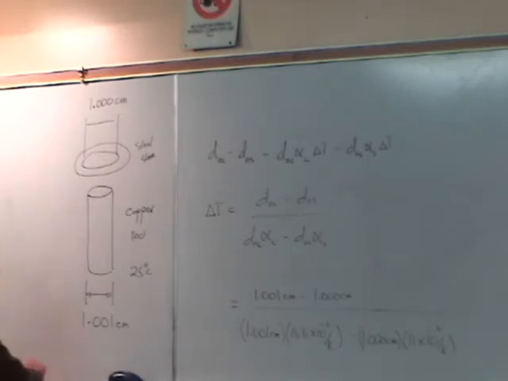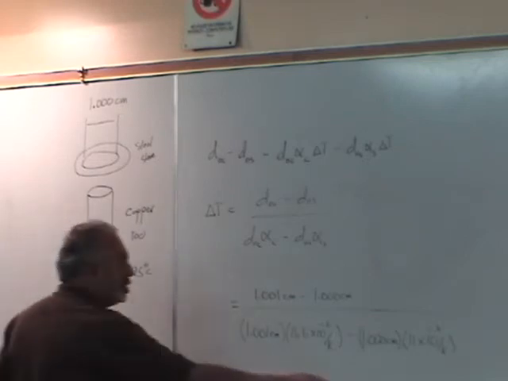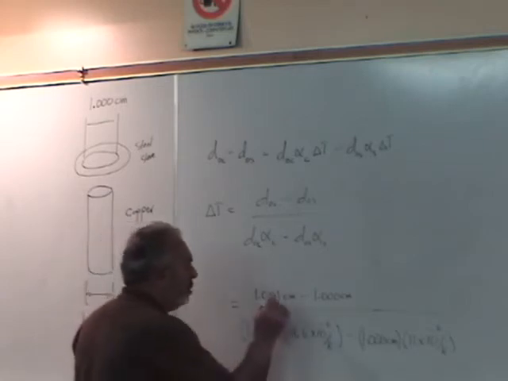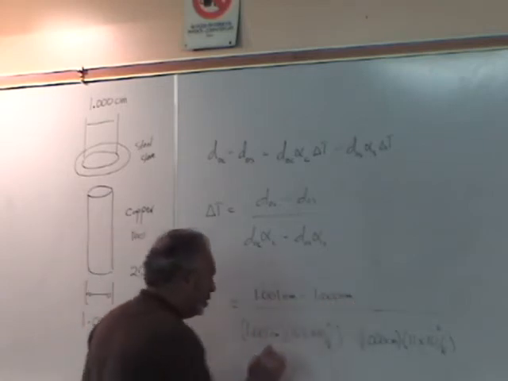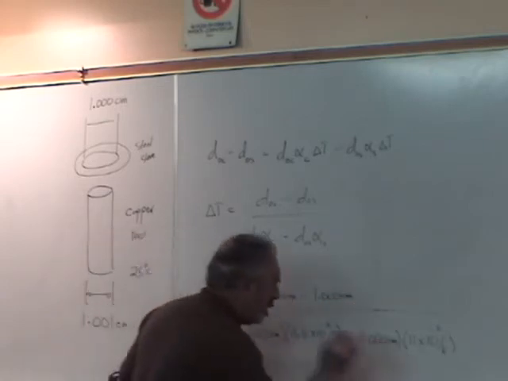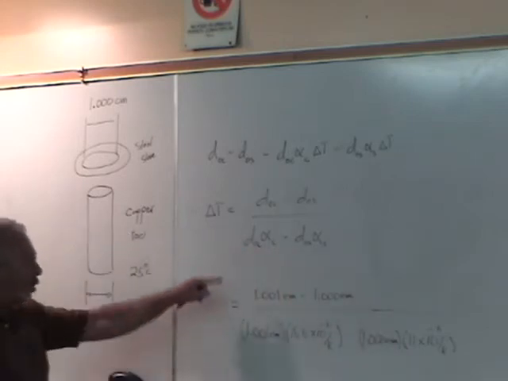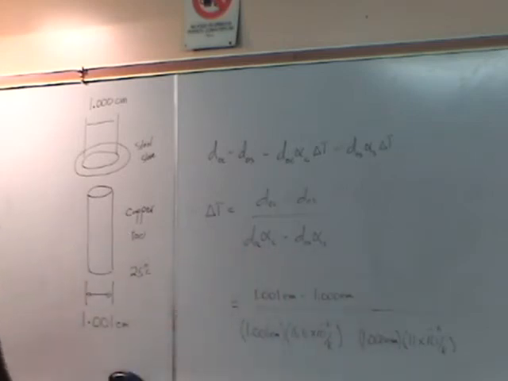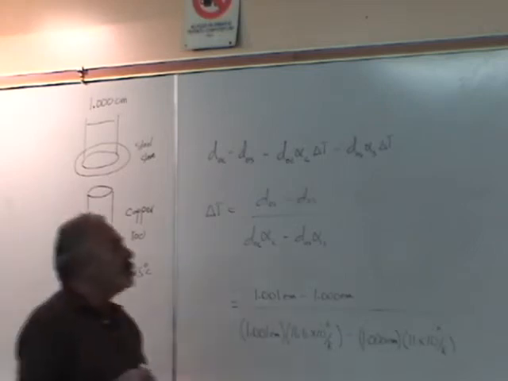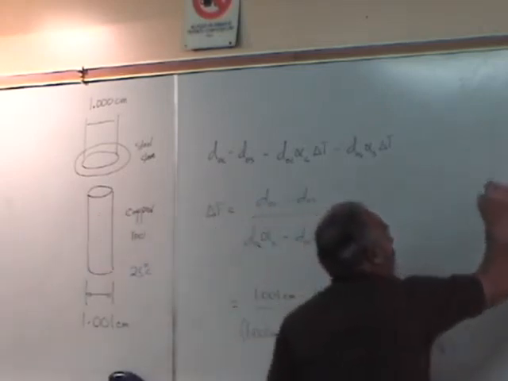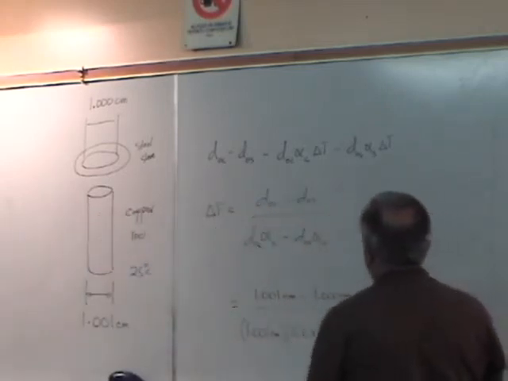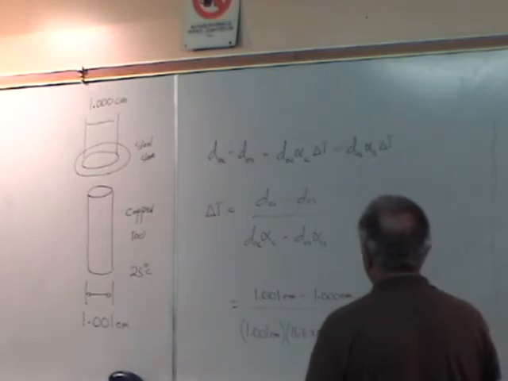Perhaps here I could easily demonstrate units consistency. There is a centimeters in common upstairs and downstairs, leaving 1 over kelvins, so the answer is going to be in kelvins.